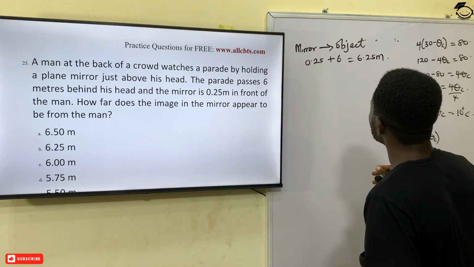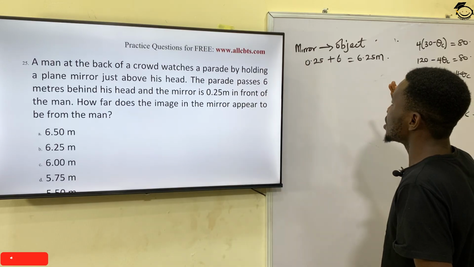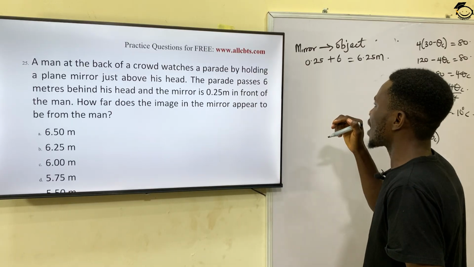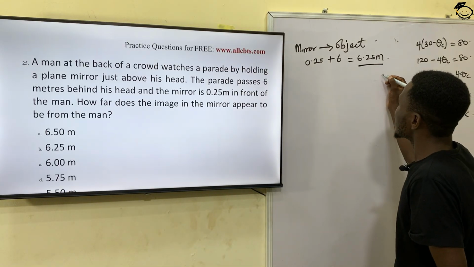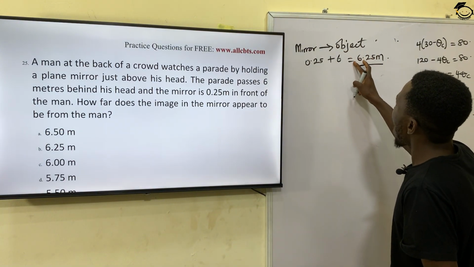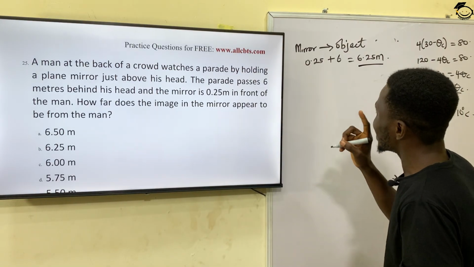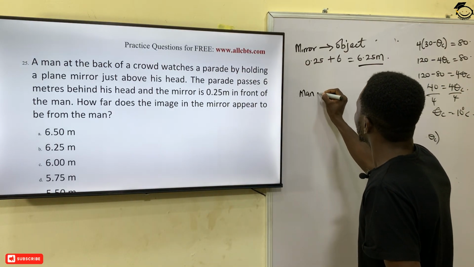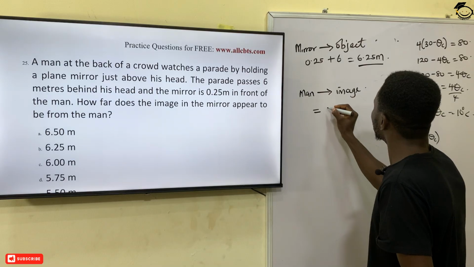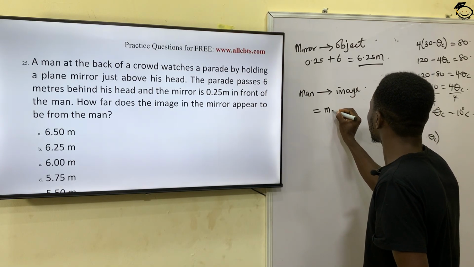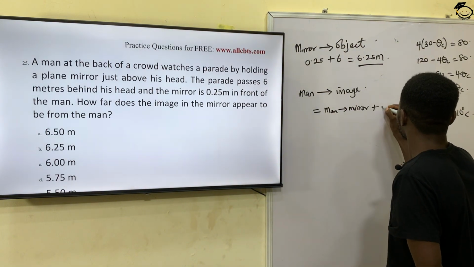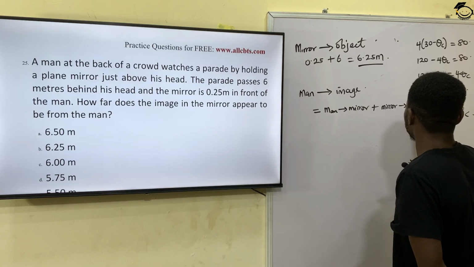You know that the distance from the mirror to the image that will be created is also the same as the distance from the mirror to the object. So this is the distance between the mirror and the image. But the distance between the man and the image, man to image, is going to be equal to the distance between the man and mirror, plus mirror to image.